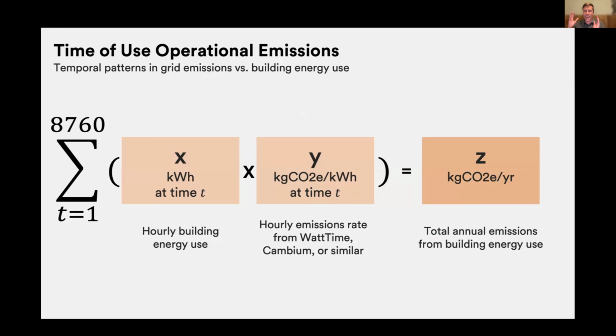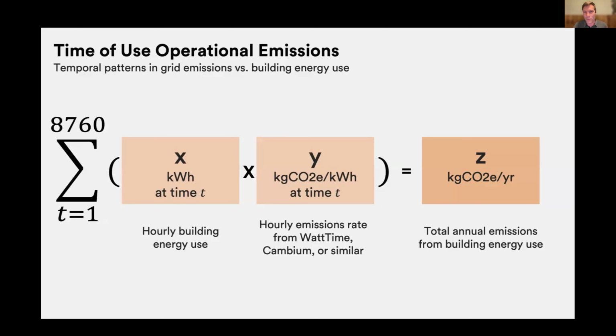That gives you your total annual emissions from building energy use. This has been an evolution of this process, moving from just EUI to a rough calculation of emissions to one that has something to do with temporal patterns in building energy use and temporal patterns in grid emissions.